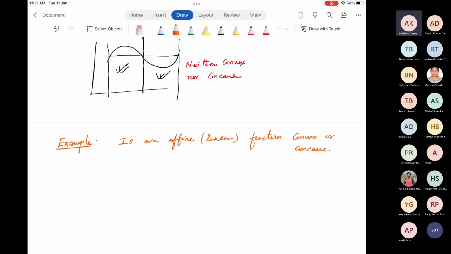What can you say about the linear function? Suppose I describe that linear function as f of x equals summation j equals 1 to n of c j x j. Can you mathematically tell me whether it is a convex function or concave function based on whatever you know about concave and convex functions so far?